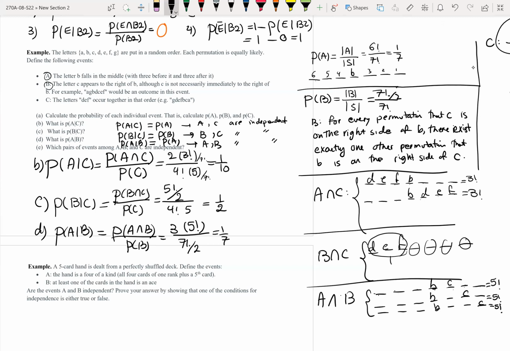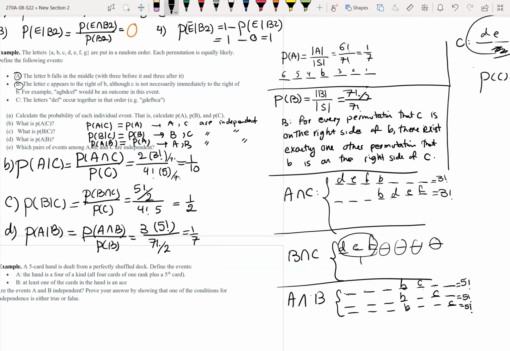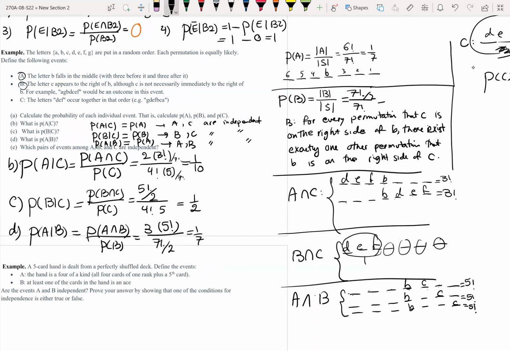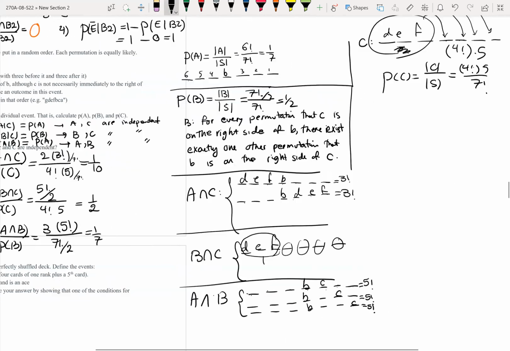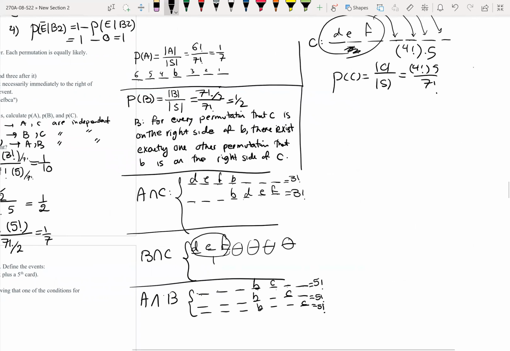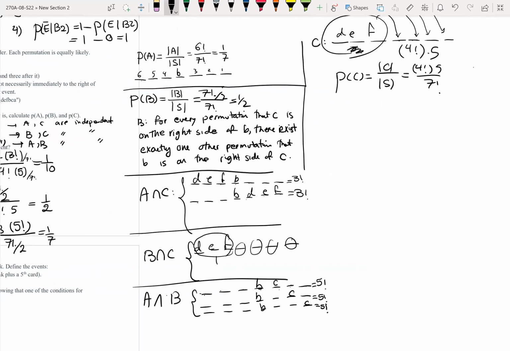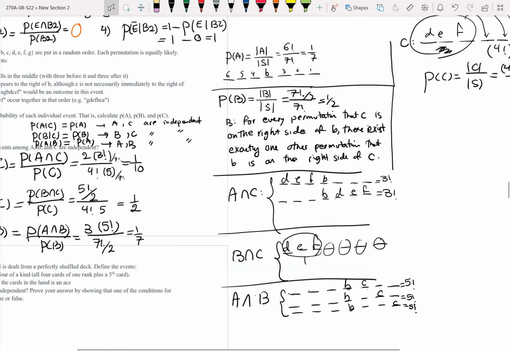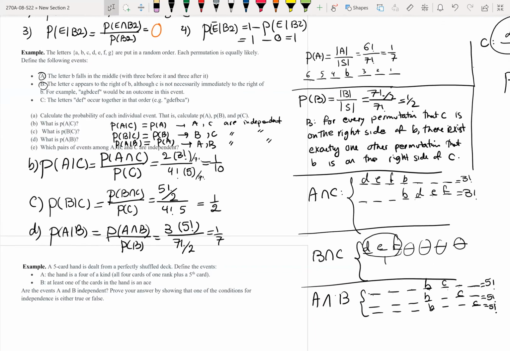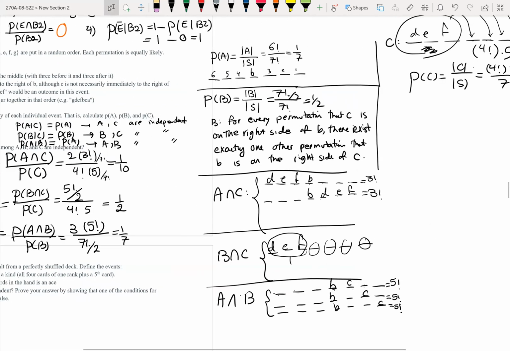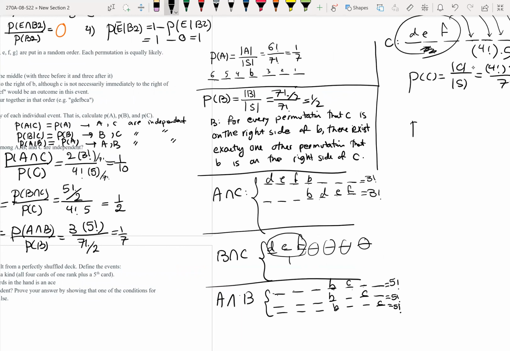So which one is the same? I have to see what the probability of B is, also 1/2. According to these numbers, the probability of A given C is not the same as the probability of A. Why?